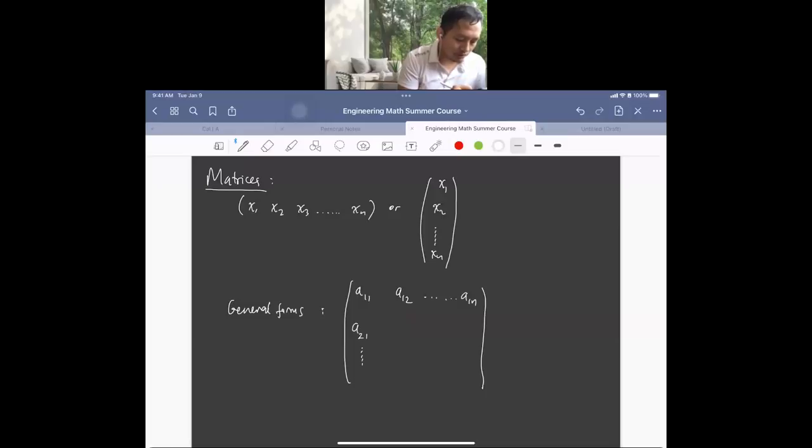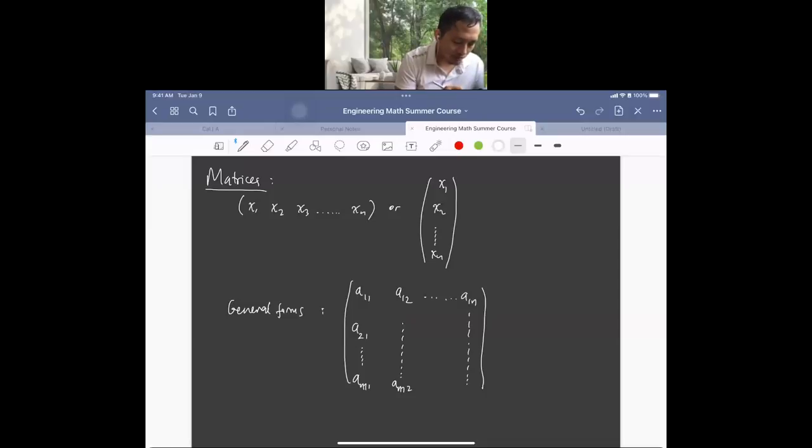Let's say this is A21, and then until Am1, column 1. This is the same thing until, maybe not n but m, to make a difference with the other one.